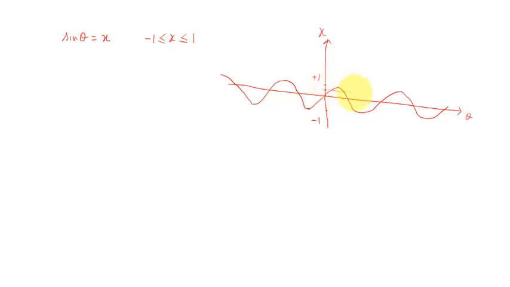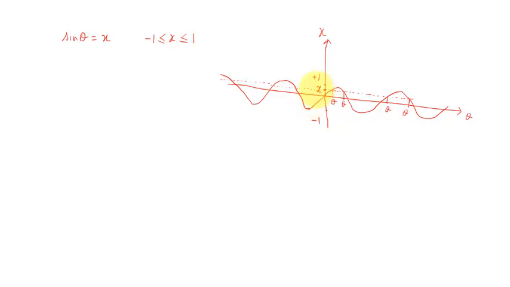There will be infinitely many values of theta which satisfy sine theta equals x, because if we take theta here, or if we take theta here or here as well, for every theta, if we take it here or anywhere as I have marked, the value of sine theta will be same, suppose x I'm taking here.